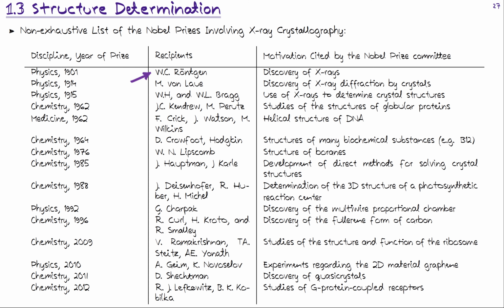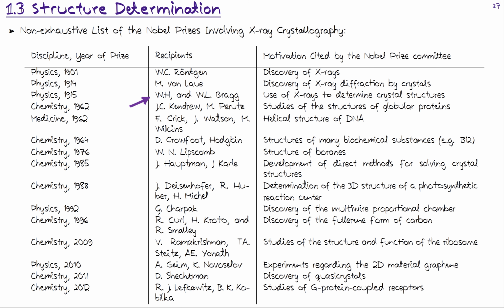Röntgen was the discoverer of X-rays. Max von Laue discovered that we can do X-ray diffraction from crystals, and that there is a kind of order in the X-ray diffraction patterns, and that implied this can be used to understand the structure, the order of the crystals.